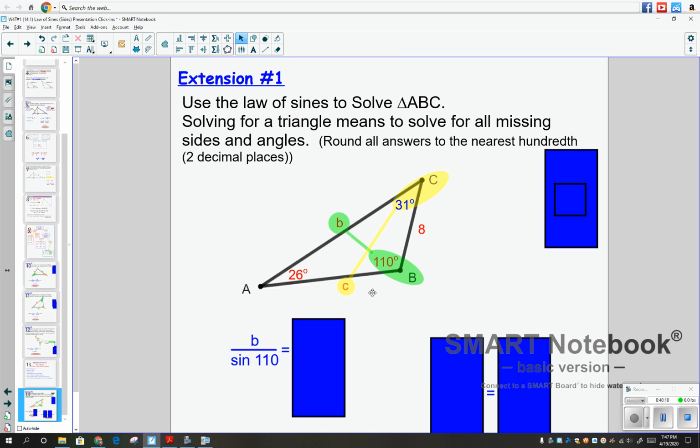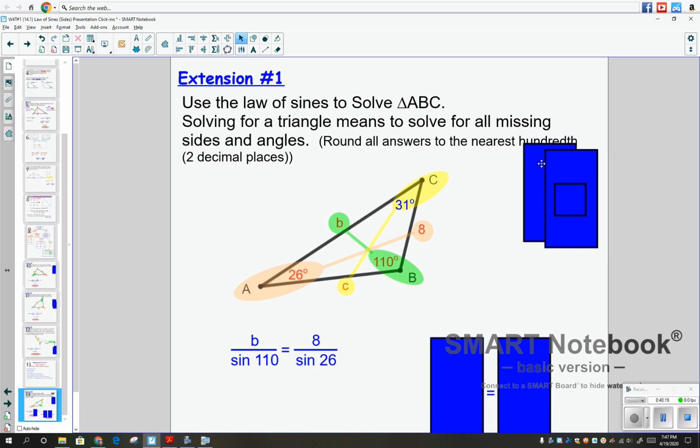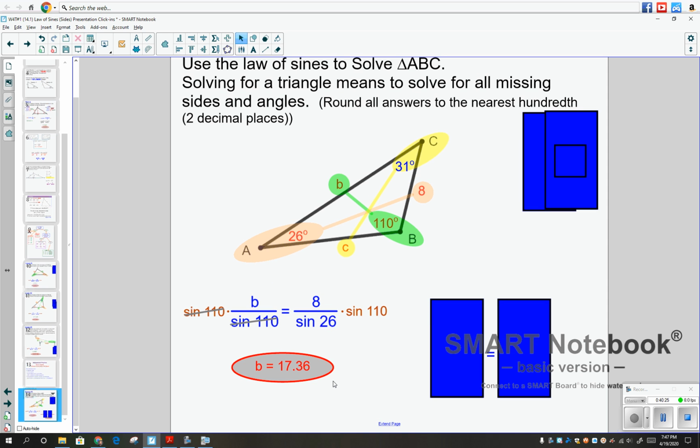No. Why can't I use that? Because that would give me two variables. Instead, I want to use the opposite pair that involves what? 8 and sine of 26. Multiply both sides by sine of 110. 8 divided by sine of 26 times sine of 110 is 17.36.